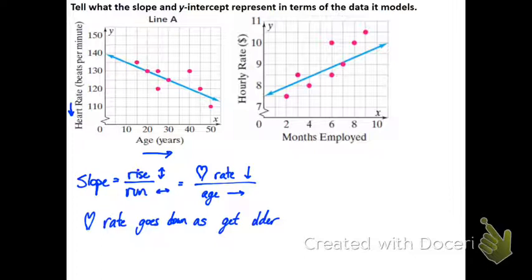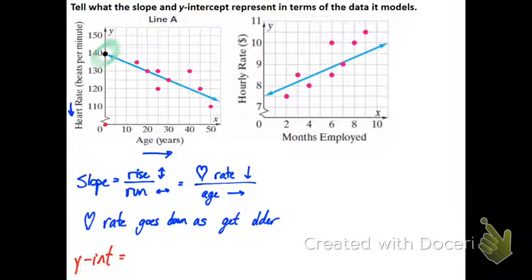Our y-intercept then, remember that your y-intercept is where your graph meets the y-axis. And so I'm going to put a big old dot right about there. That's my y-intercept. And so, again, my y-intercept is my starting point. In this case, my starting point is when my age is 0.